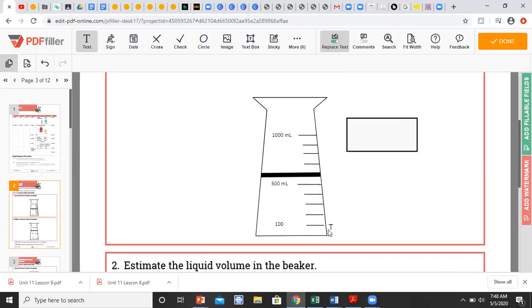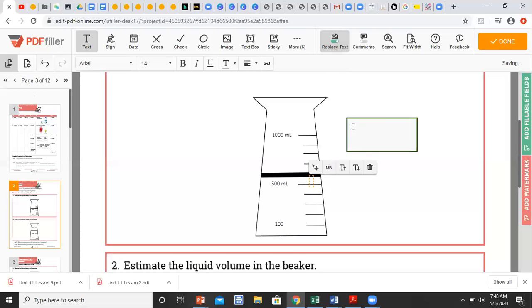So looking at this, we see it starts at 100 and it goes to 1,000. So I would say that this beaker is separated in 100 milliliter gradients. So let's count. We have 100, 200, 300, 400, 500, 600.